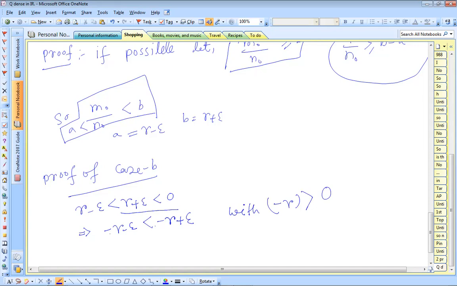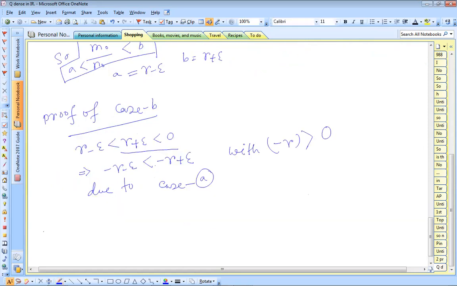Okay, so now due to case a, we will get some m prime by n prime belonging to Q, such that this will lie between the interval minus r minus epsilon and minus r plus epsilon.